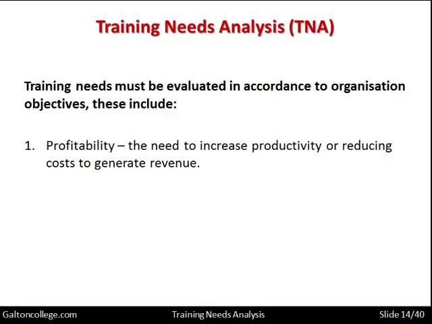And therefore, in a sense, everything it does is related to that. So if the workers do not have the skills and competencies required to do the job effectively and efficiently, then the training program is designed to bridge that gap, thereby making the trainees or the operators more productive and thereby improving profitability.